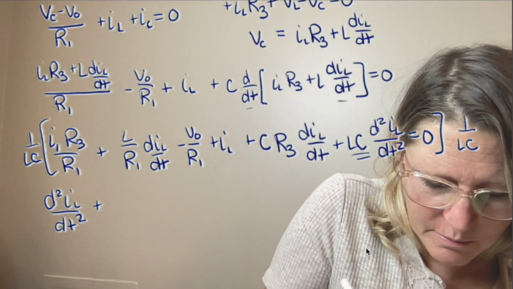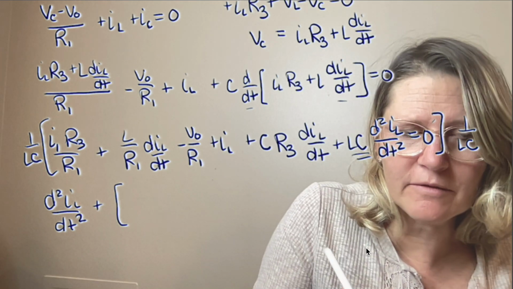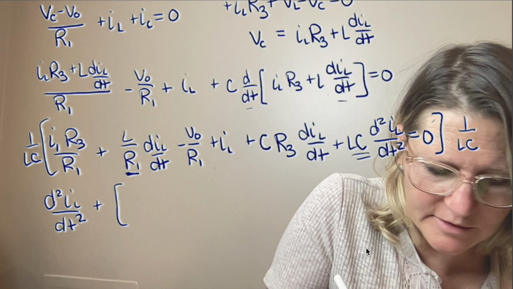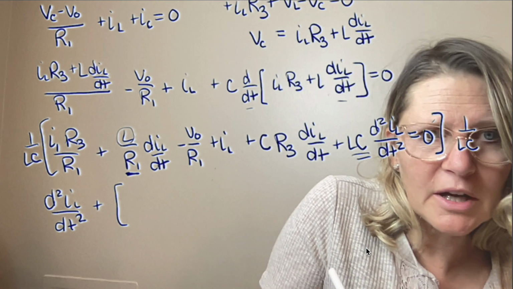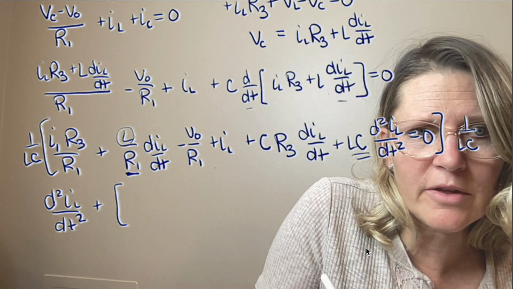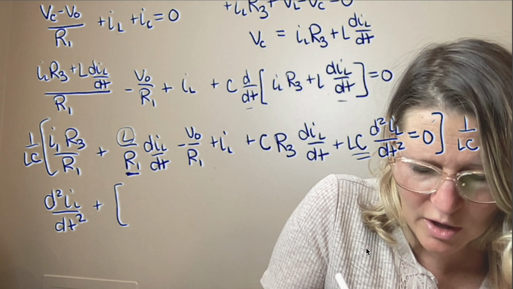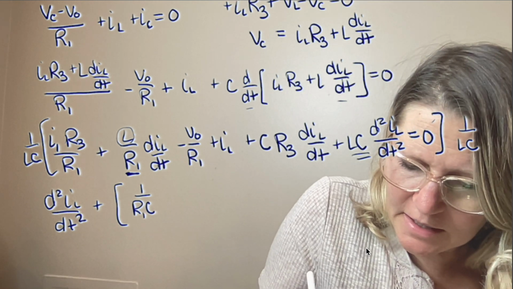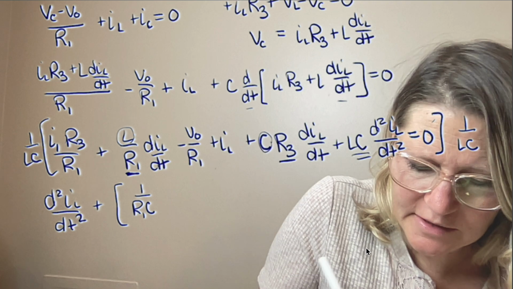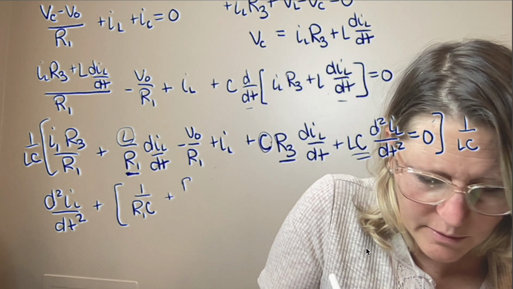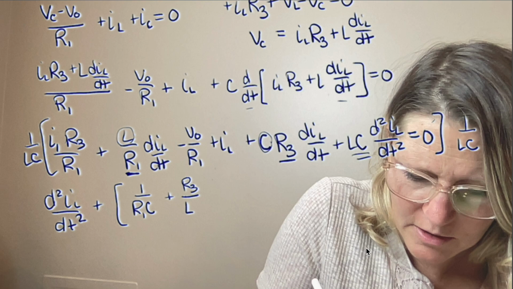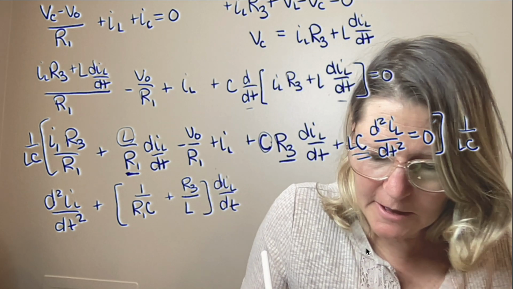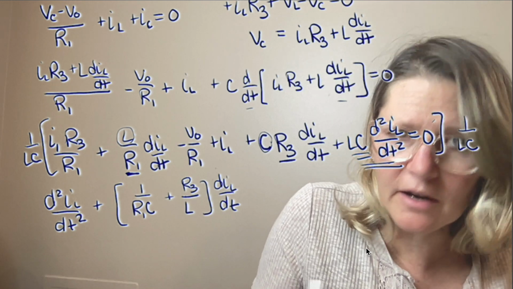Now I want to combine all of the first differentials. The L will be canceled out with the L on the bottom, so this becomes 1 over R1C. Then the other term is here, and the Cs will cancel, so I'll get R3 over L dIL over dt. And so I've taken care of this term.